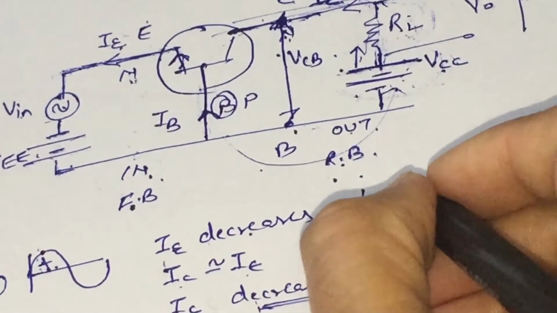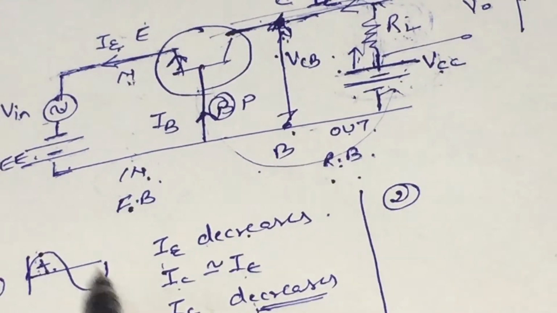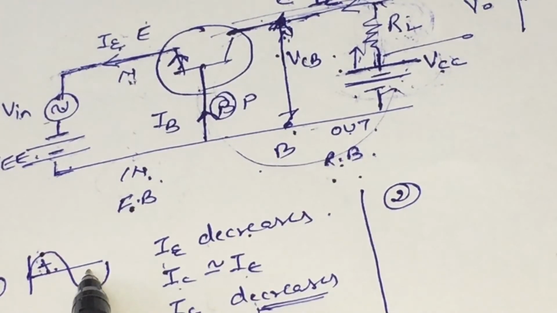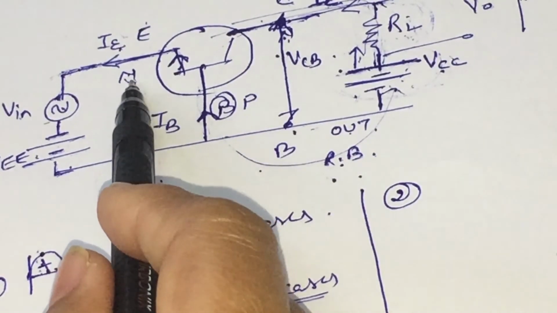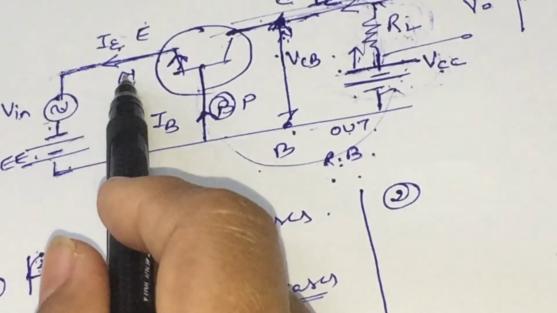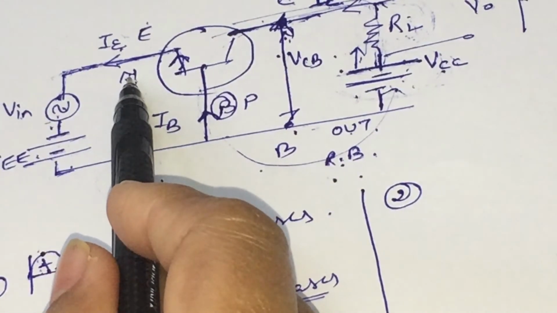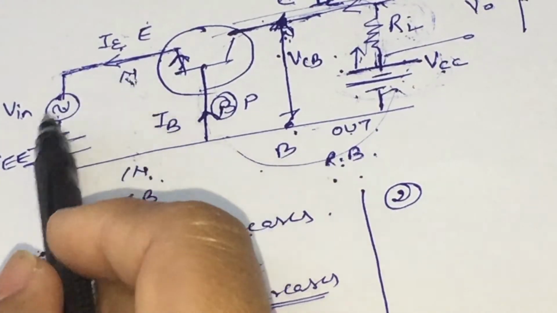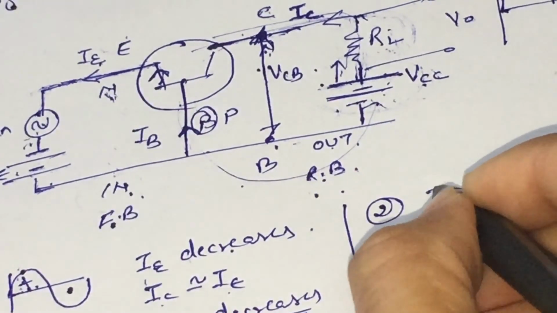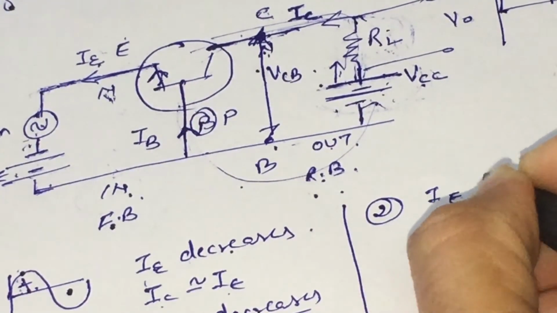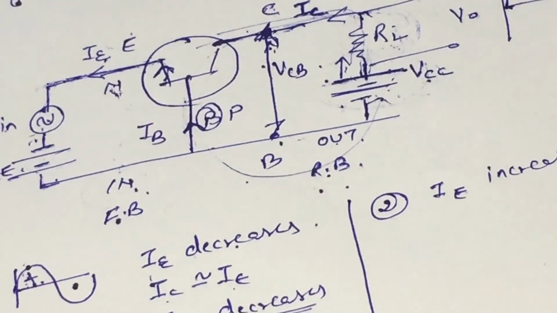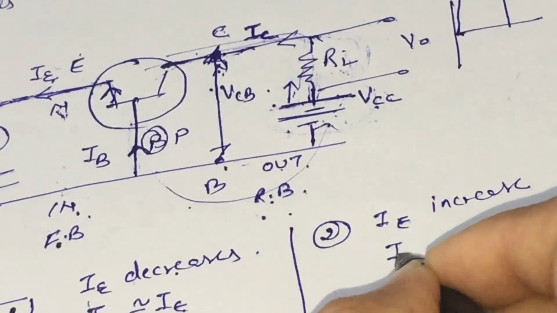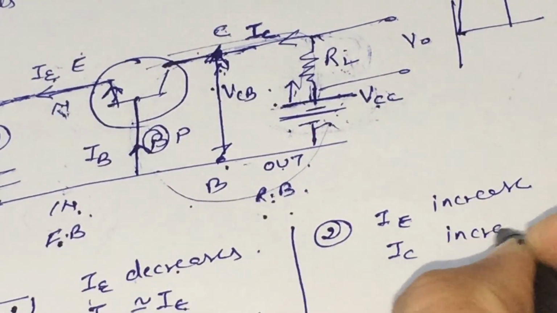Similarly, in the second case, if the negative half of the signal is fed to the amplifier, we know that the emitter is n type, and if we are applying the negative half of the signal, then the emitter current will increase due to the increase in the forward biasing. Emitter current will increase, and due to the dependency of collector current on emitter current, it will also increase the collector current.